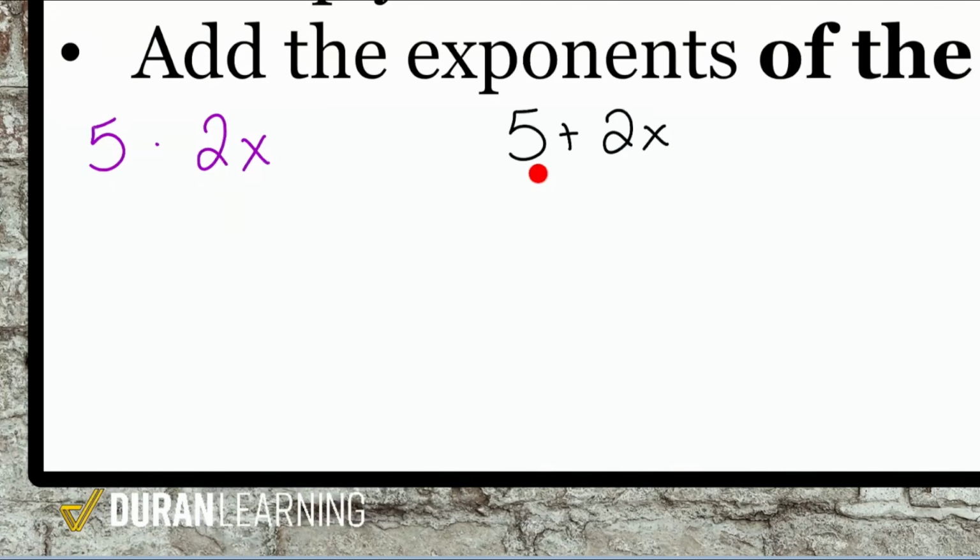But when you're adding or subtracting, what you're saying is, hey, I'm going to add or subtract the same things, the same amounts, in which there's no x in front of the 5. So you're saying 5 plus 2 of these x's. Well, that's the same thing as saying 5 plus 2 of these x's. You can't combine these.